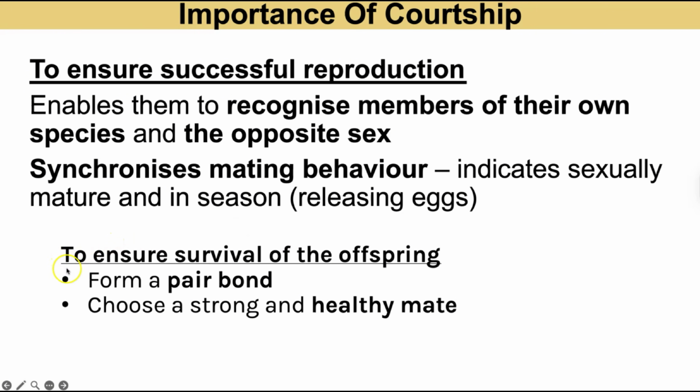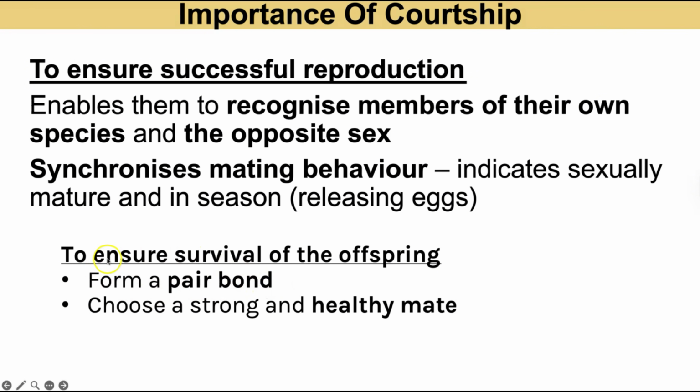Now, on top of that, this isn't to ensure successful mating because this is now saying for some animals, there's an extra importance to courtship behaviour, and that's to ensure the survival of their offspring. And that's because these courtship rituals can help to form a pair bond, which means the two parents should stay together.